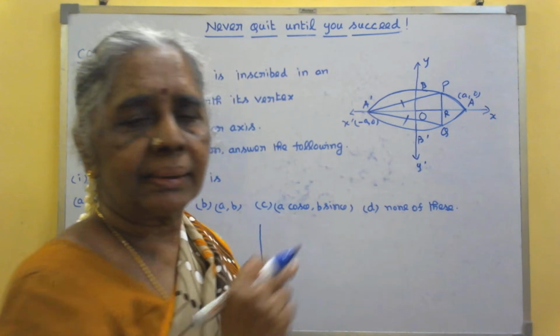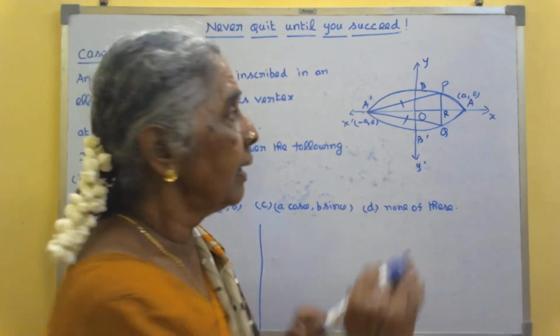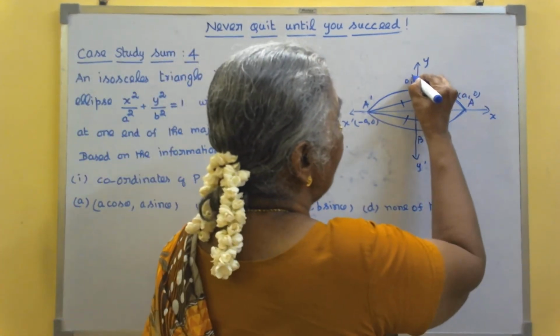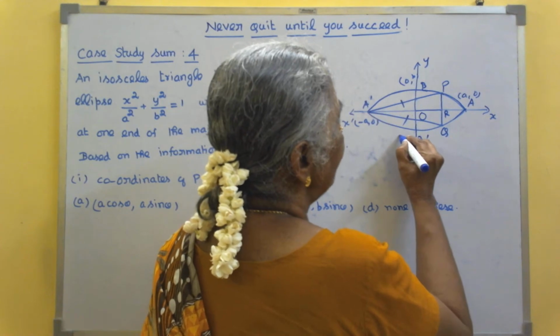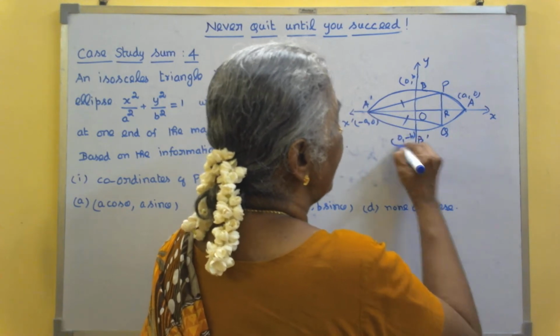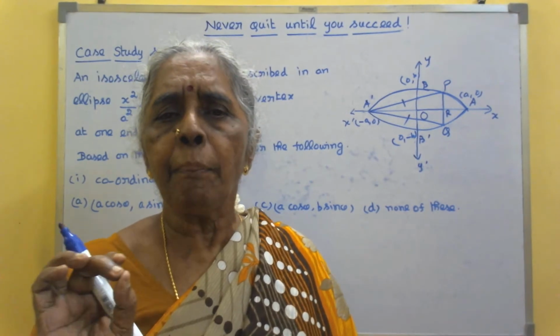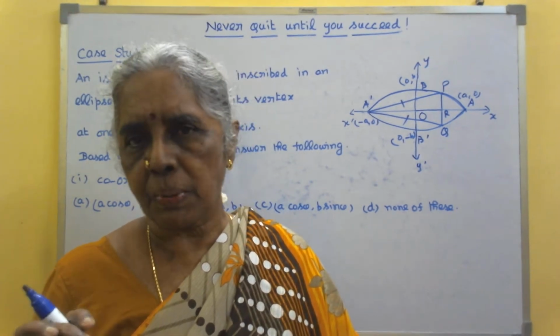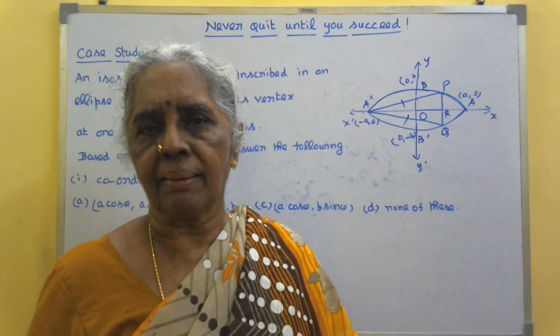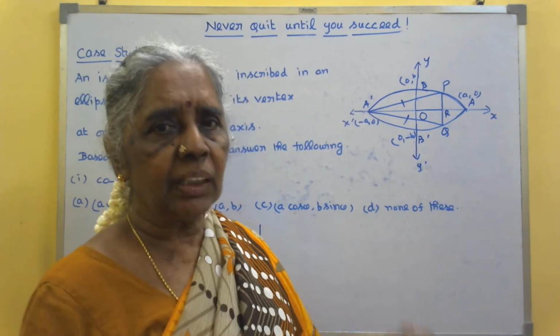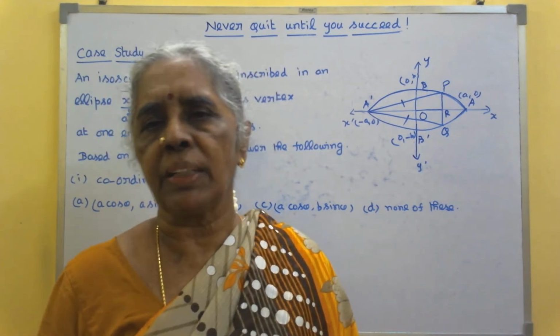This B dash B is called the minor axis. This B will be 0 comma B and this B dash will be 0 comma minus B. These are certain things you should definitely know. Then, how we represent any point on the ellipse, that you should know to answer the first subdivision and also for the further things.